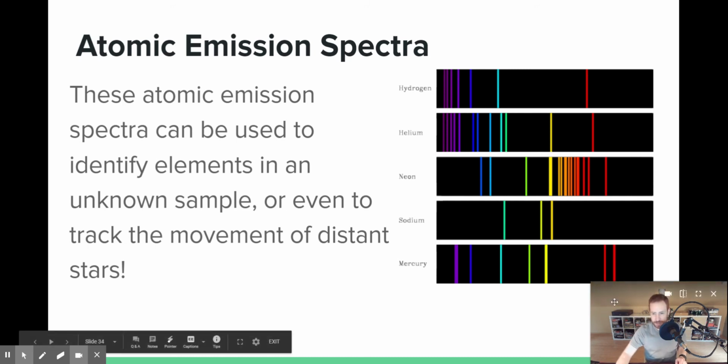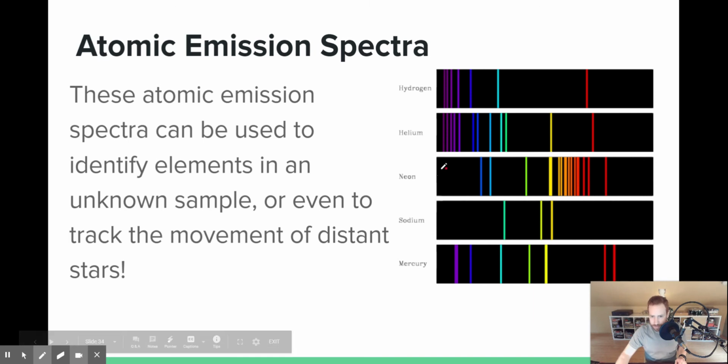Like for example, this wavelength right here, that is slightly different than any other wavelength that mercury comes close to. This wavelength right here, if you see that wavelength, you might be like, that signifies that there's probably some neon in the sample.